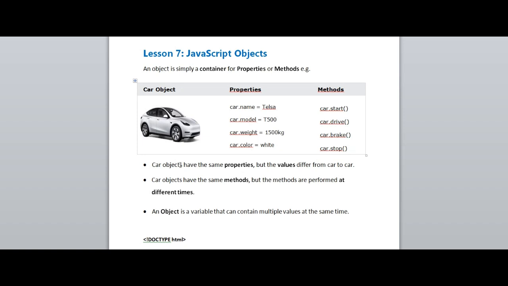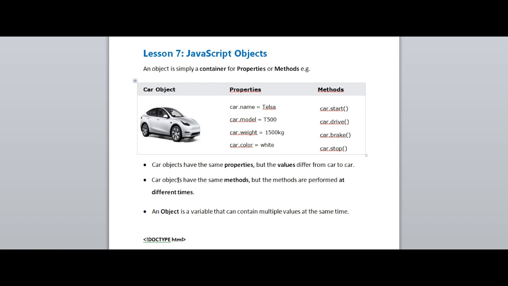So let's look at some basic definitions. Car objects have the same properties. Every car has a name, a model, a weight, a color. But the values differ from car to car. This car here is Tesla. You can have Volkswagen, Nissan, Honda and the rest of it, and the model can be different also.